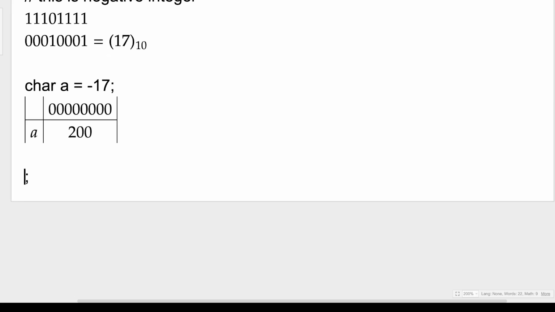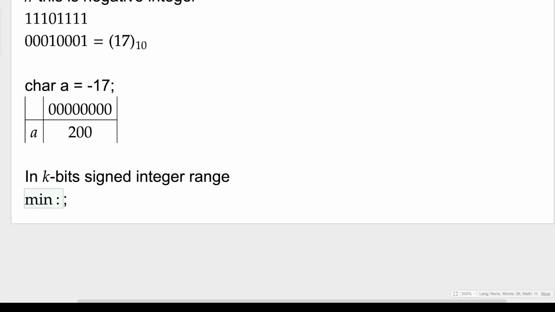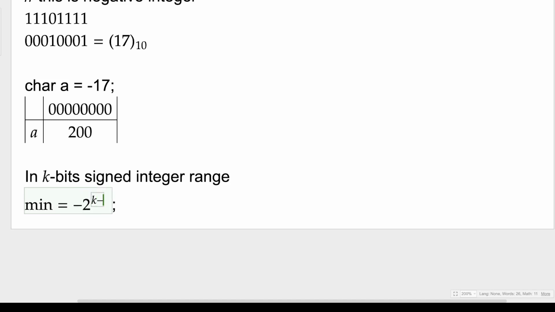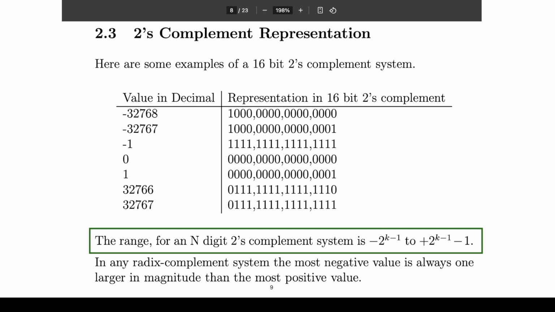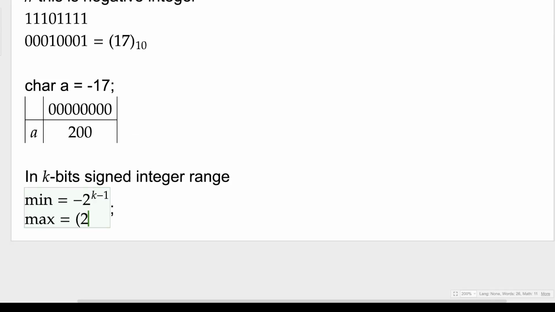So if I talk about k bits signed integer range, the minimum value that I can represent will be minus 2 to the power k minus 1, and the maximum value that can be represented in this range will be positive 2 to the power k minus 1, and then minus 1.